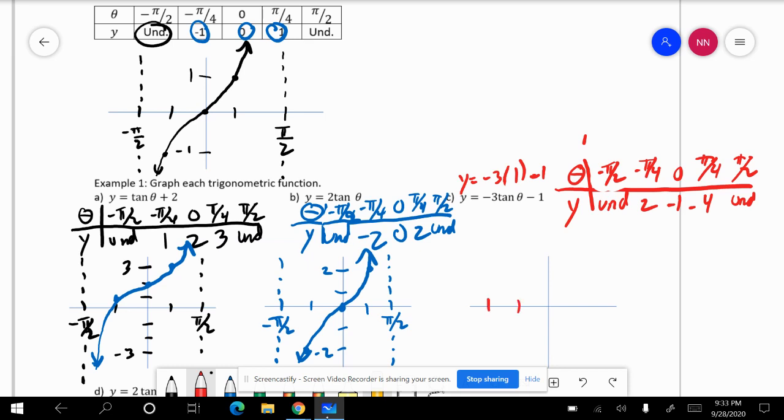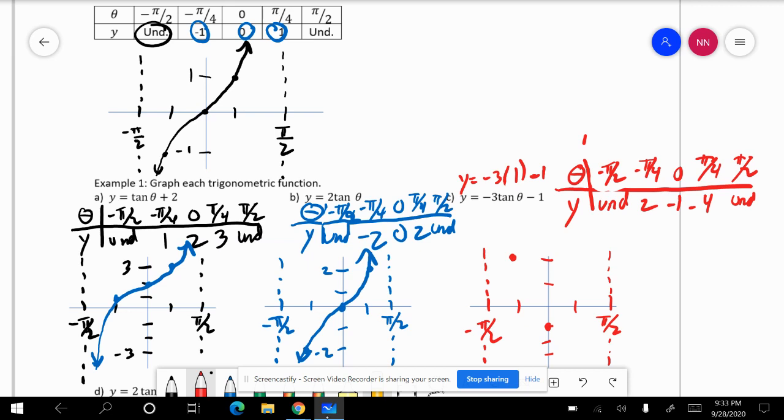So what we're going to do is we're going to start this at negative pi halves, and we're going to end it at pi halves. We have our vertical asymptotes. And then what we do is plot our points. Negative pi over 4 and 2, and 0 and -1.